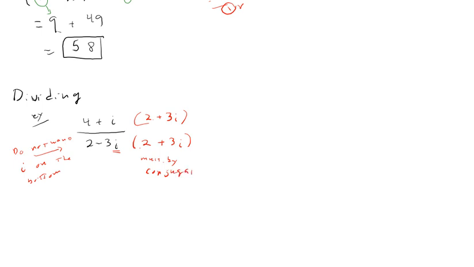Okay, no i's on the denominator. So, let's figure this out. On the bottom, I know how to do the bottom part real simple, right? I do my little trick. I square my 2, I square my 3, and I add them together. So that's going to be 4 plus 9. Easy, right? Use the trick.